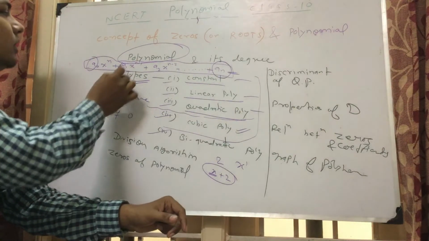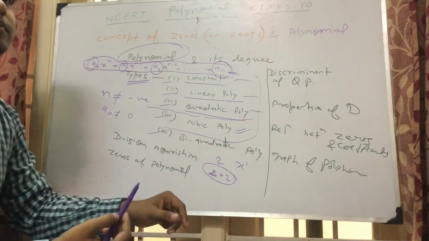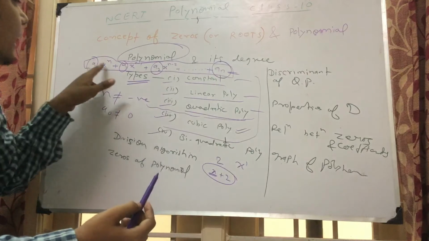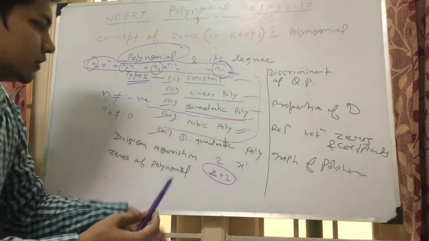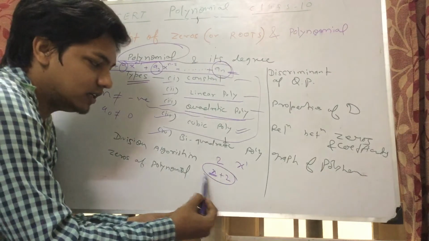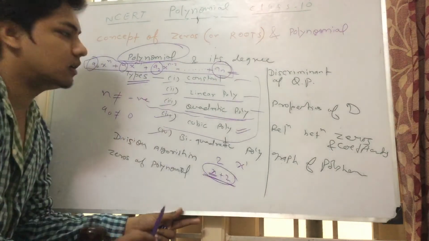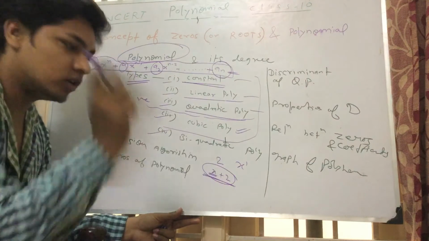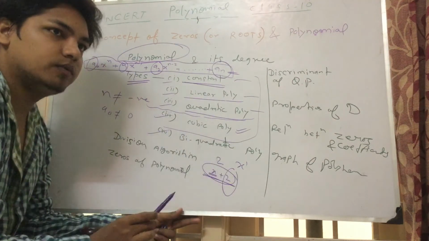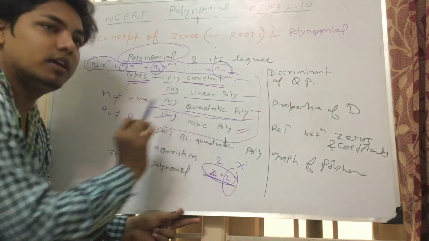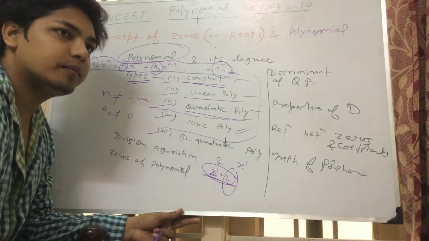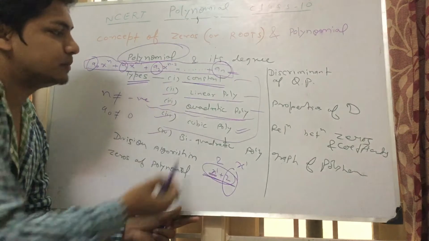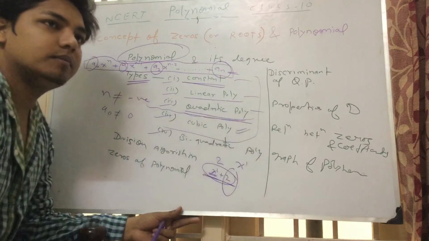These numbers are called constants, and x is the variable, right? So in a constant polynomial, you have only a constant, like only 2. And in a linear polynomial, you have power 1, right? Done. After that, the quadratic polynomial.